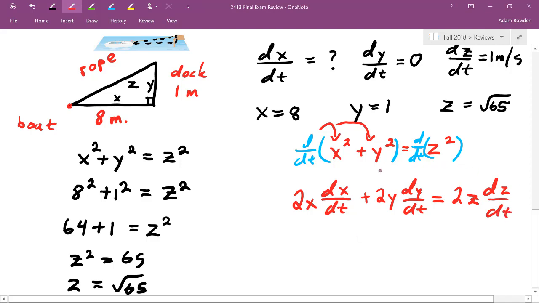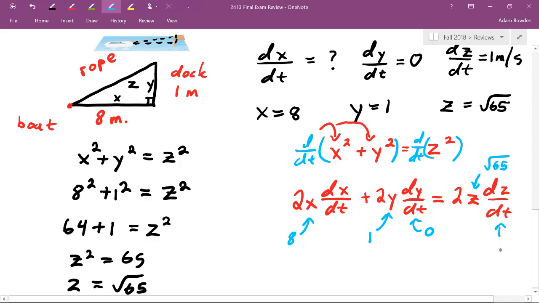And now we have this equation here. All the numbers above we can plug in to figure out what the unknowns are. So for x, we're going to plug in 8. For y, we're going to plug in 1. For dy dt, we're going to put a 0. For z, square root of 65.